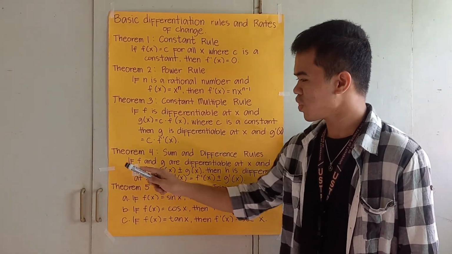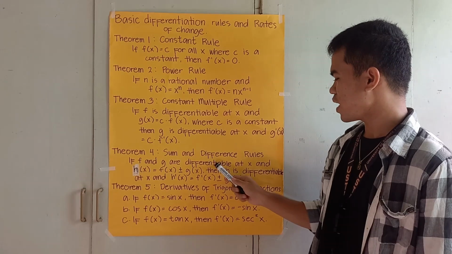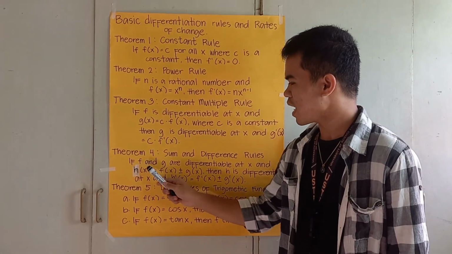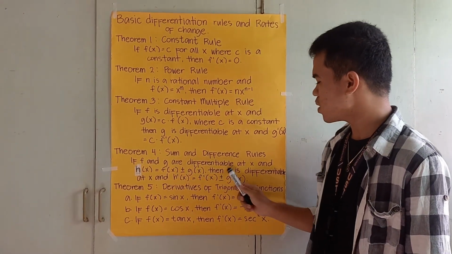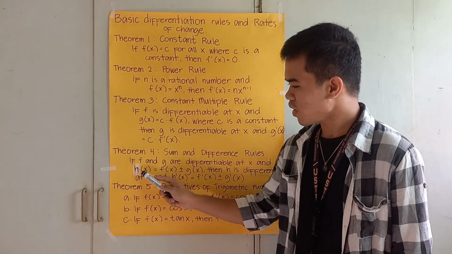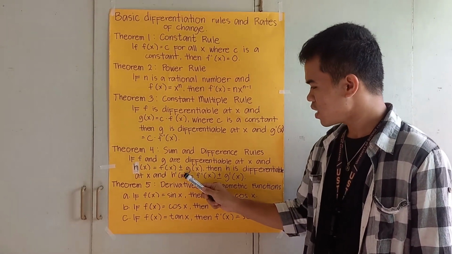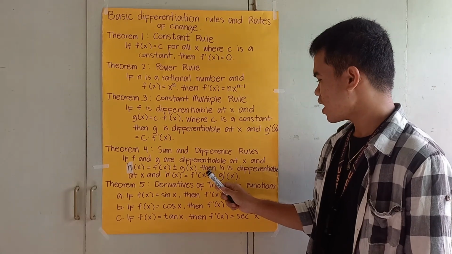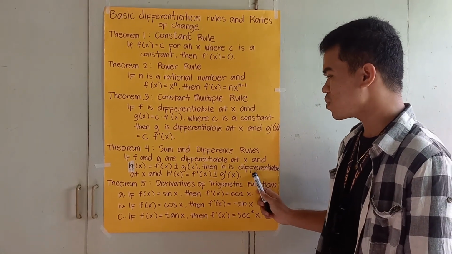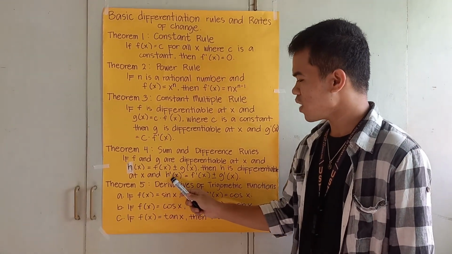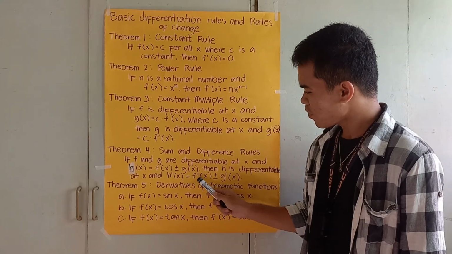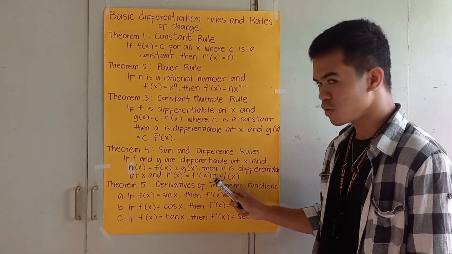For theorem 4, sum and difference rules: if f and g are differentiable at x and h of x equals f of x plus or minus g of x, then h is differentiable at x and h prime of x equals f prime of x plus or minus g prime of x.